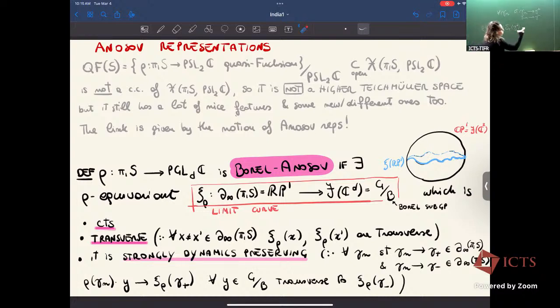And so the Y is not everywhere, but you need it to be transverse. In this case, for example, this will be Xi gamma plus, this will be Xi gamma minus. You want Y to be transverse to Xi gamma minus.